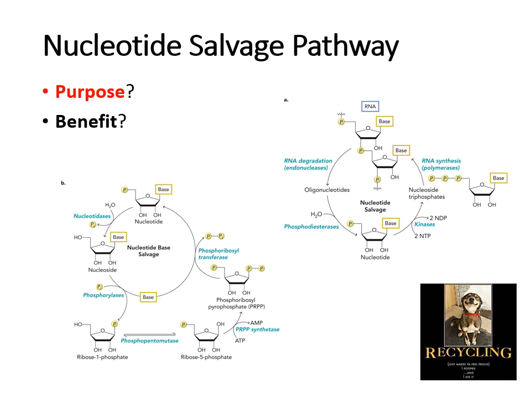Now, this is a valuable process. I'm not going to make you memorize the details of the figures that you see here. I just want you to know that this pathway exists and that it is allowing us to obtain nucleotides from other previous free bases.